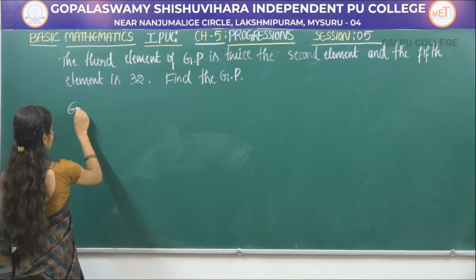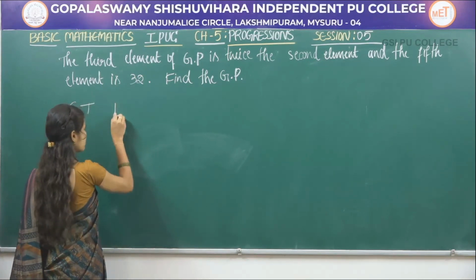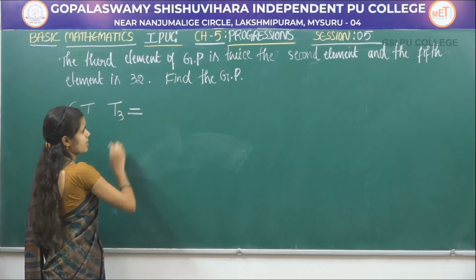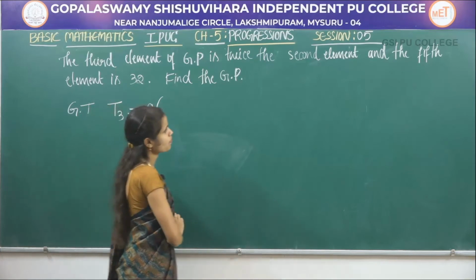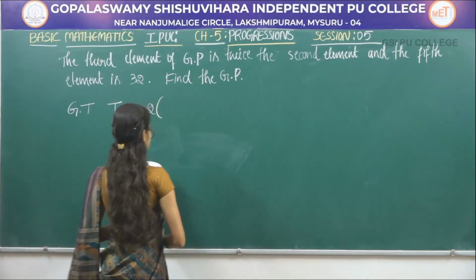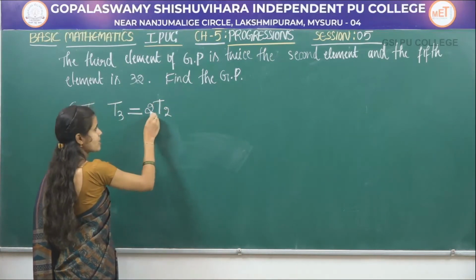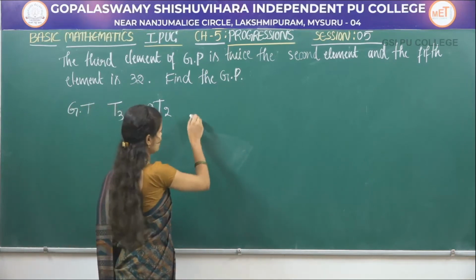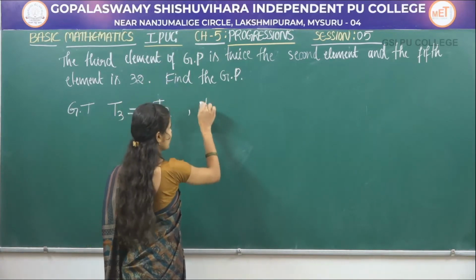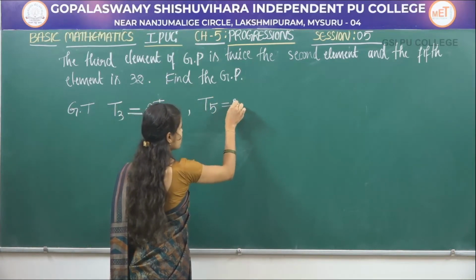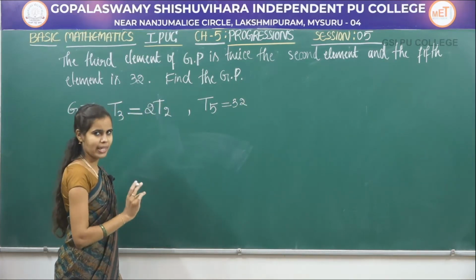Given that the third element of GP, denoted by T3, is twice the second element, denoted by T2. So the third element is twice the second element. This is the first condition. Next, the second condition: the fifth element is 32. The fifth element is denoted by T5, so T5 is equal to 32. Using these two conditions, we want to find the values of A and R.